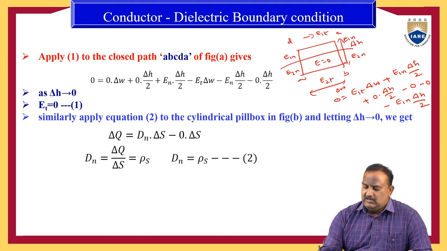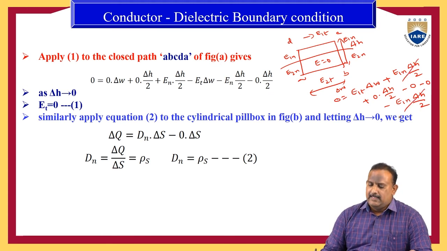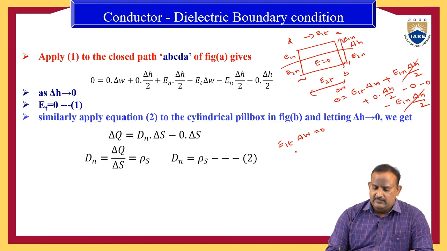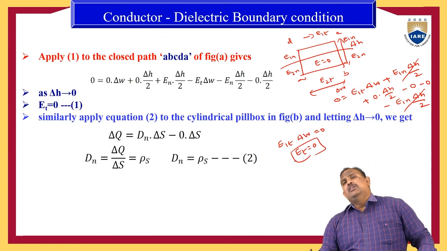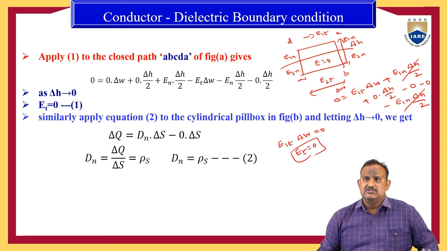So here E1N into delta H by 2 minus E1N into delta H by 2 cancel each other. Therefore, we have the equation E1T into delta W is equal to 0. Therefore, we can write Et is equal to 0. It means the tangential component of electric field is 0.